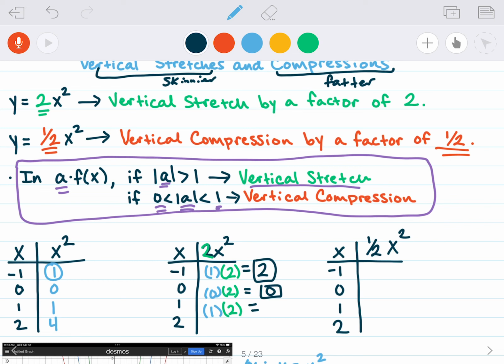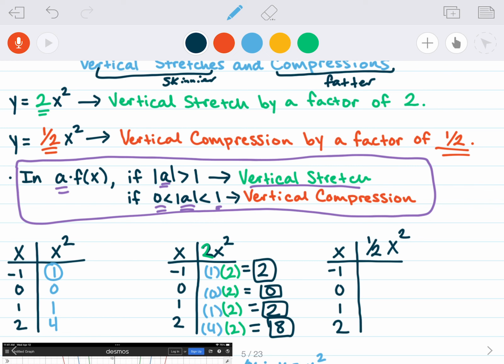So 1 times 2 is going to give us 2. And 4 times 2, my last output, is going to give us 8. So these are my new output values. Same x's, higher y's, silly putty stretching. Okay, think of it like that.